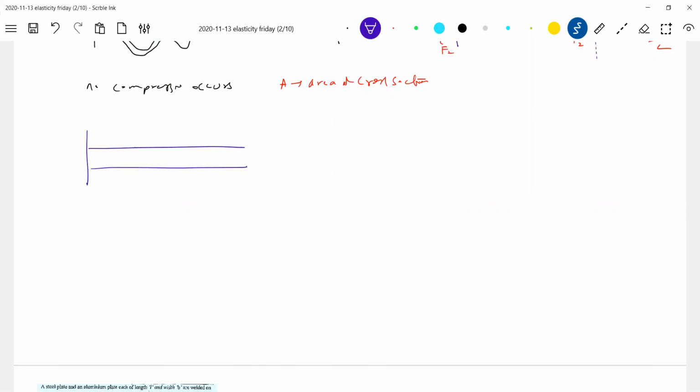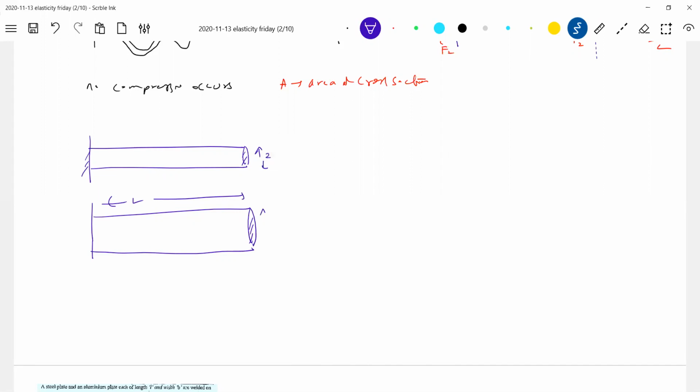There's a rod. Both are of the same length, but look at the area. What is the breaking stress? Both are made of iron. Breaking stress will depend on the radius?